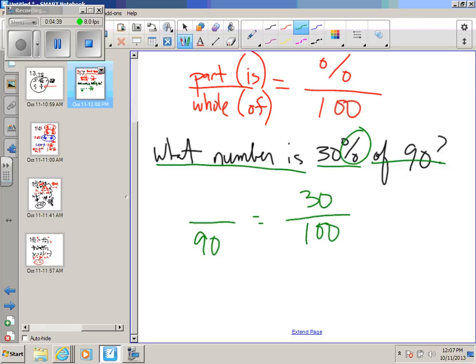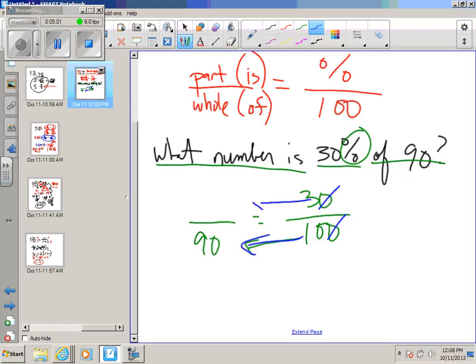So here we go. Is there a relationship between 100 and 90? Not with multiplication or division, there isn't. So second option would be what? Simplify an existing fraction. 30 over 100, both have 10 in common, so 3 over 10. Now, from 10 to 90, is there a relationship? Times 9.